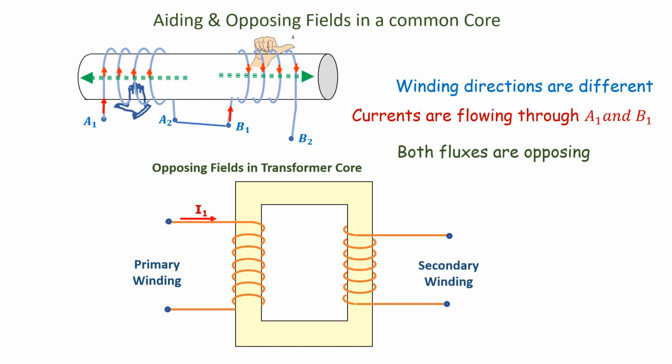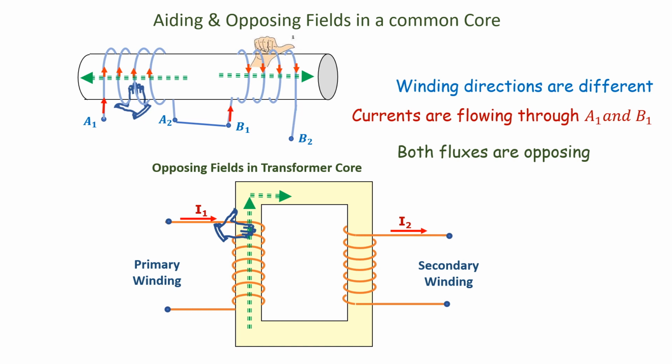Now pass current I1 through the primary winding. The secondary winding current will be supplied to an external load. So the direction of I2 is shown in the figure. Apply the right hand grip rule to the primary coil. The thumb is directed upwards. So the primary flux is directed upwards.